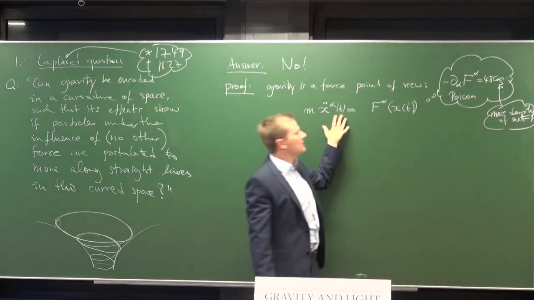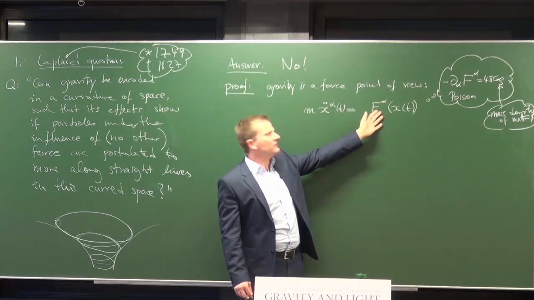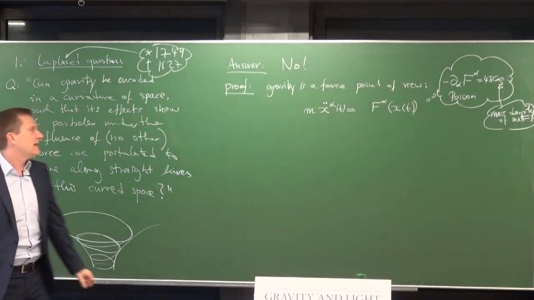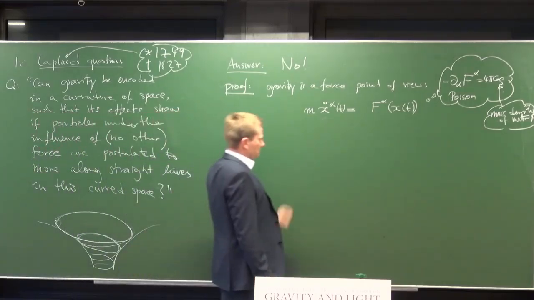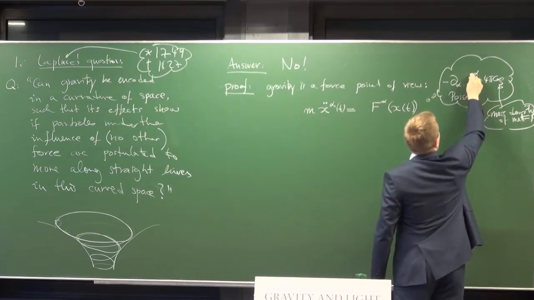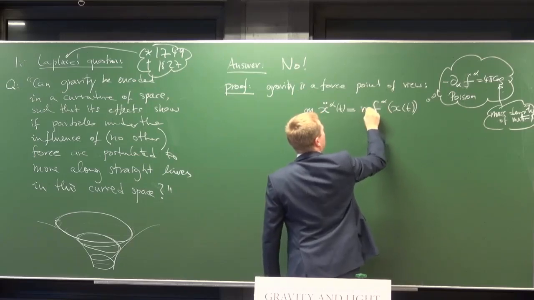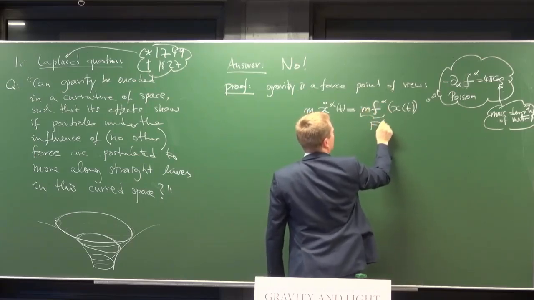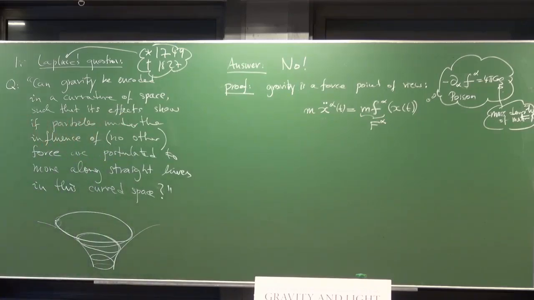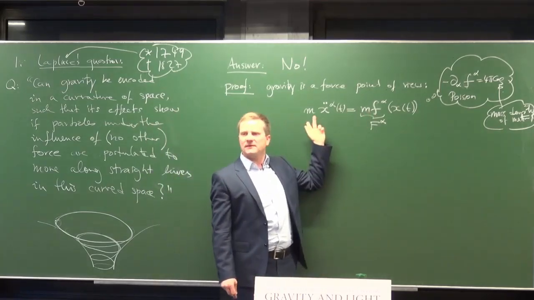Once you have it, you can plug it in here to study how a particle on which this force acts reacts. It acts on all the particles. Okay? Now actually if I write it like this, I need to have a little f here and an m here, because the gravitational force is this F. The gravitational force is proportional to the mass of the body on which it acts.